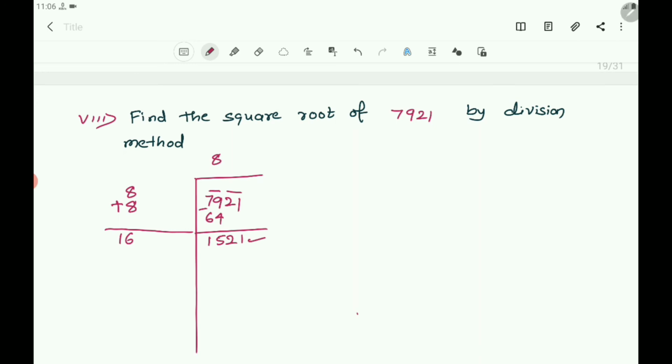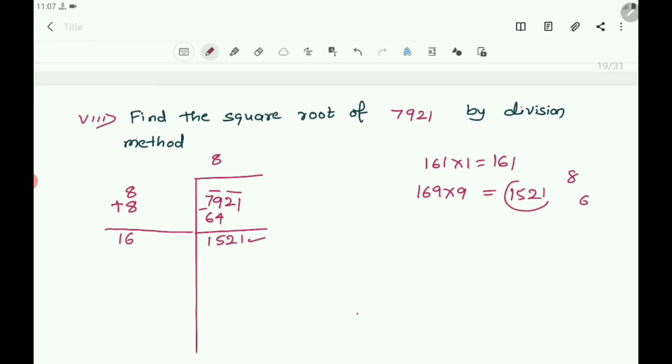Here the ending digit is 1, so you must put either 1 or 9 in front of 16. If you take 161 into 1, that is 161 only. If you take 169 into 9, 9 9s are 81, 9 6s are 54 plus 8 is 62, 9 1s are 9 plus 6 is 15.